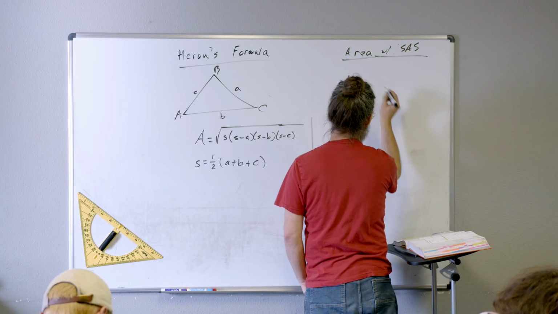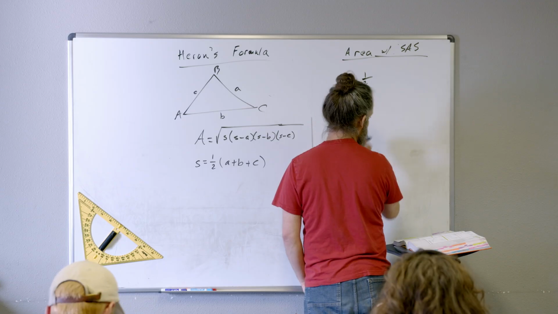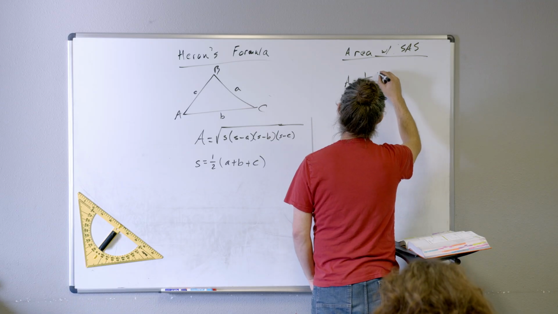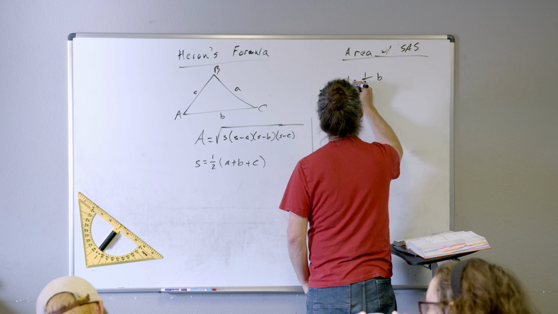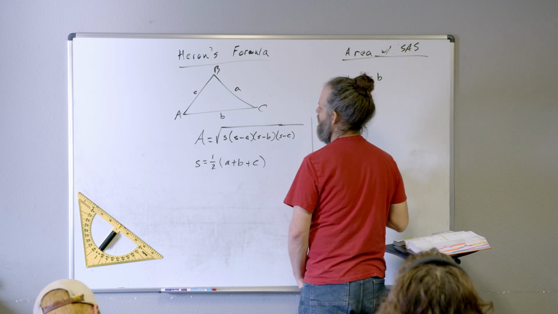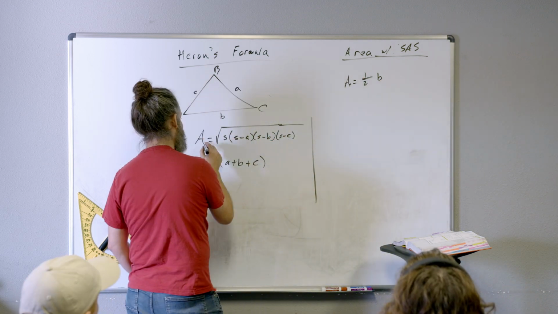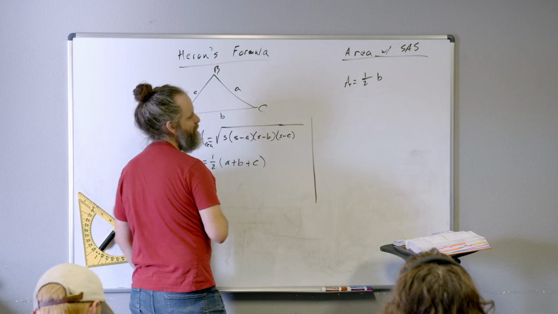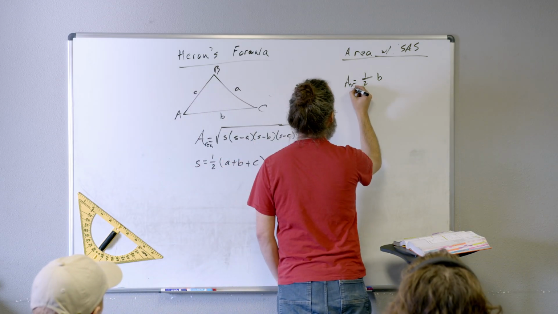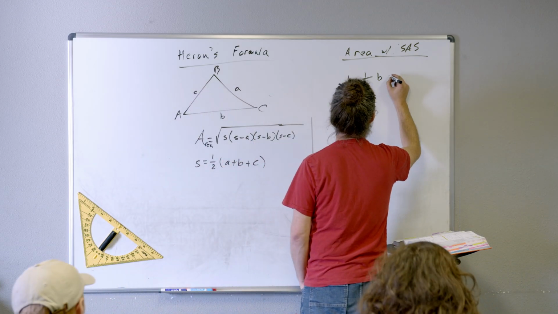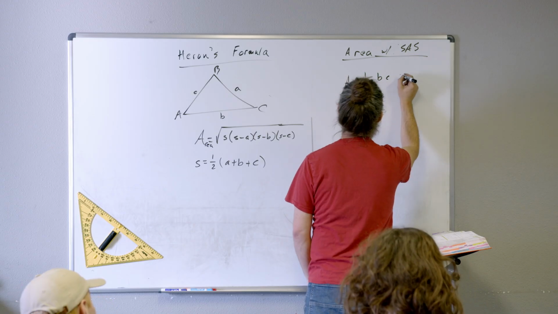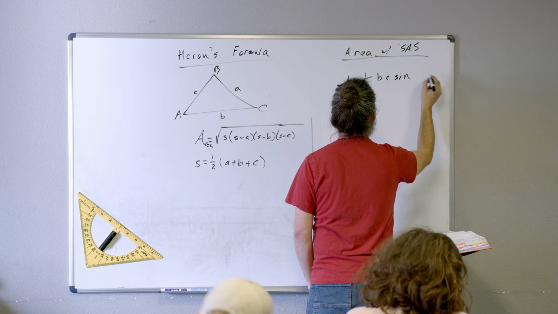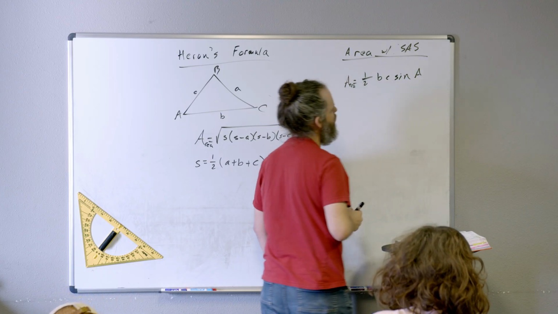Area is 1/2 of the two sides that are adjacent, so 1/2 of B times C times the sine of the angle in between those two.